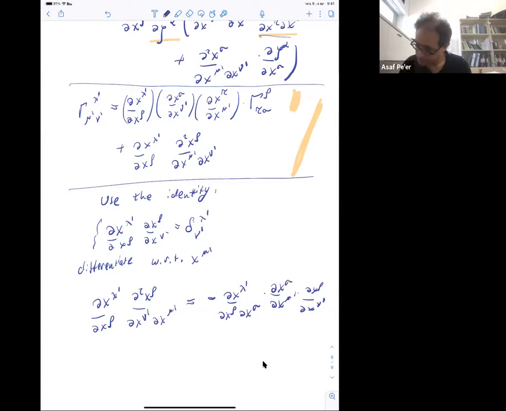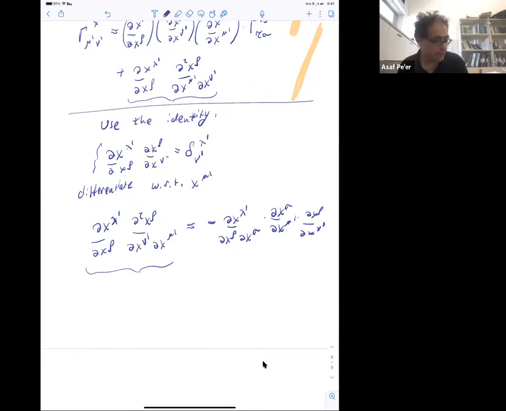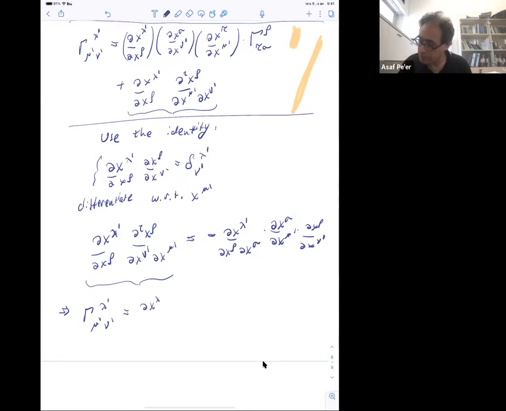And now this part here is exactly what is written here. So I can use that to write down the transformation of the affine connection. Gamma lambda prime mu prime is equal to dx lambda prime over dx rho, dx sigma over dx mu prime, dx tau over dx mu prime times gamma rho tau sigma.